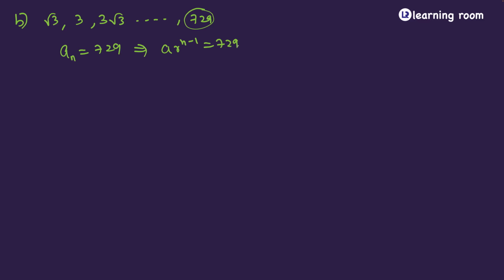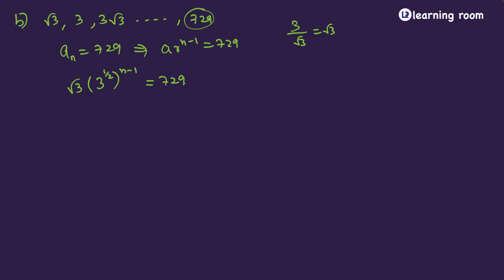Make sense? So a is how much? Root 3, and r is 3 by root 3, which is root 3 itself. So root 3 into (3 power half) to the power of n minus 1 is equal to 729.